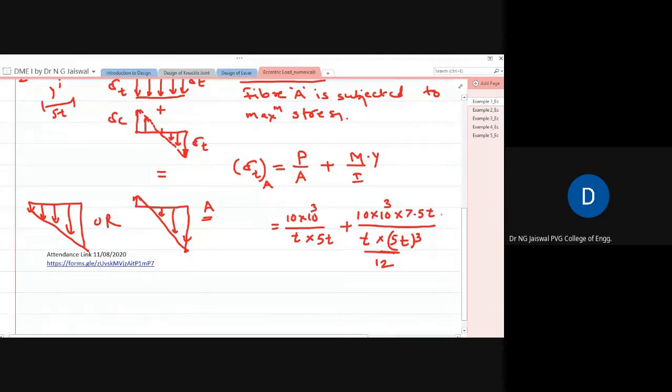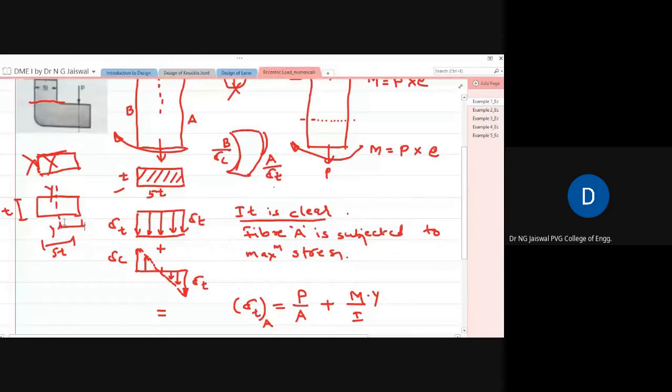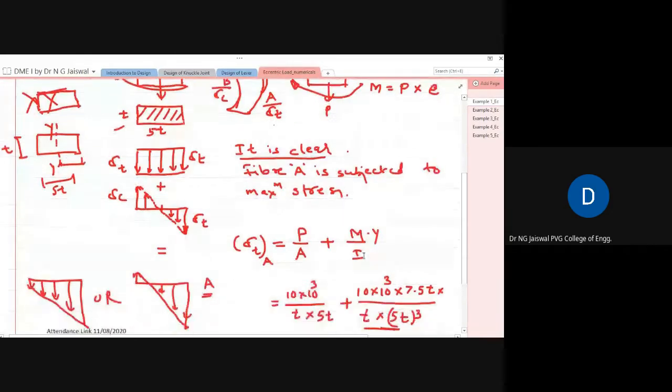What is y? y is the distance between the neutral fiber and the outermost fiber. The neutral fiber is this one, about which it is going to bend, and the outermost fiber is this one. Since this dimension is given as 5t, this y becomes 2.5t.